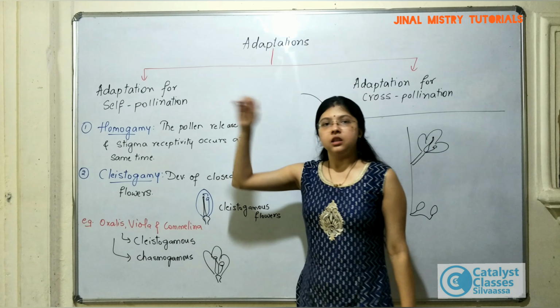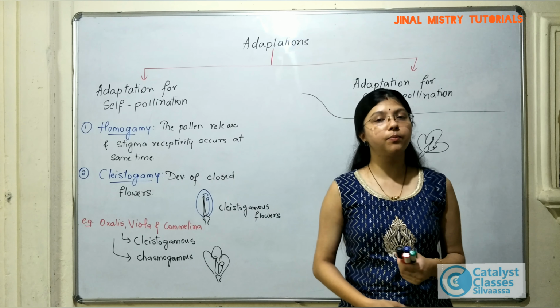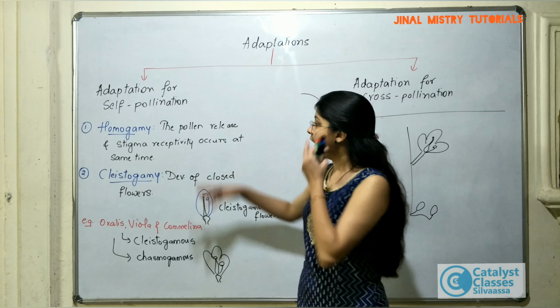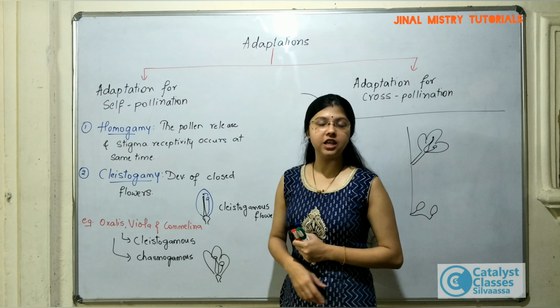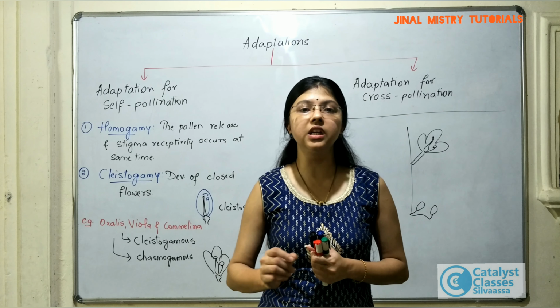Now, an advantage of self-pollination is that the good genes will always be transferred into the next progeny. But again, if continuous self-pollination takes place within a plant species, the plants may undergo inbreeding depression.